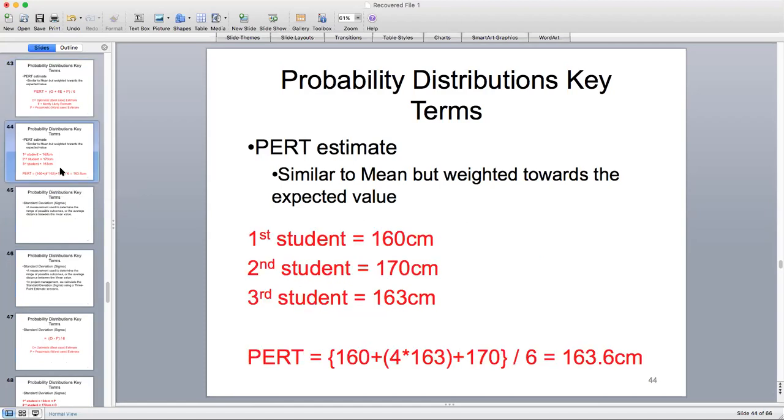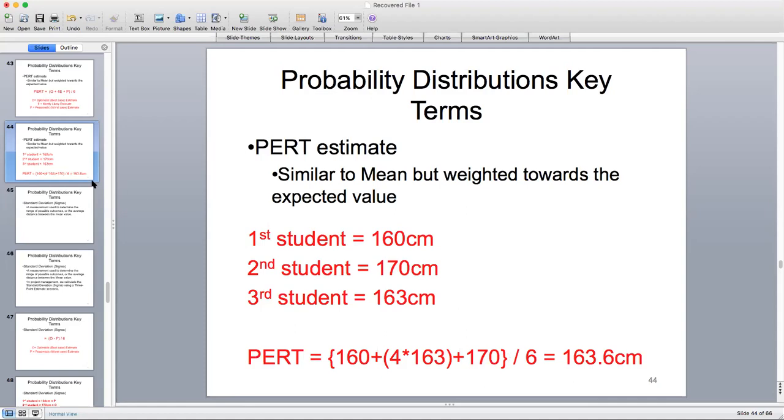So now if we take the PERT value, our value goes to 163.6, which is 160 plus 4 times 163, assuming that our expected value is in the middle, and our pessimistic value is 170. So in this case, we're saying that taller people are pessimistic, not to discriminate against tall people. It's just in this particular example, that's the formula that we're going to use.